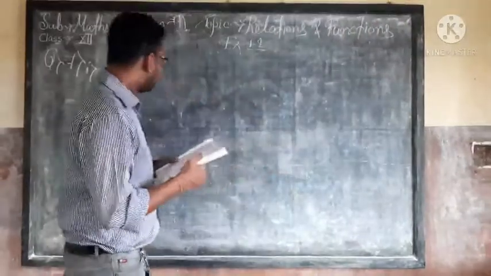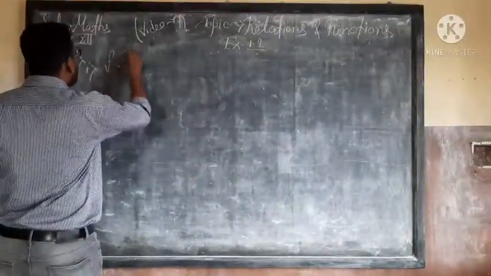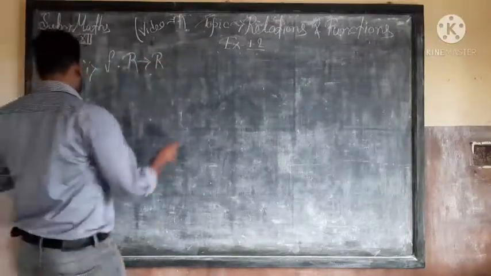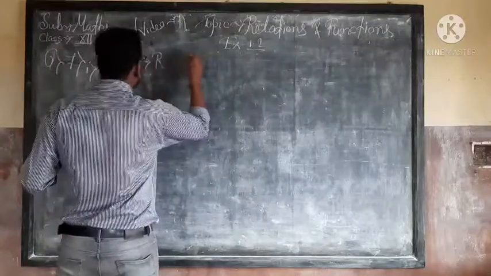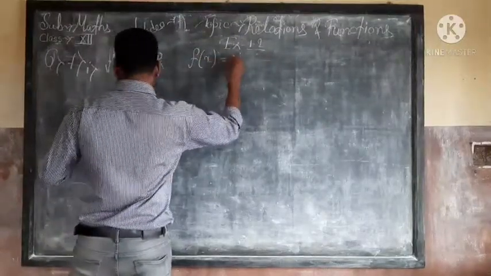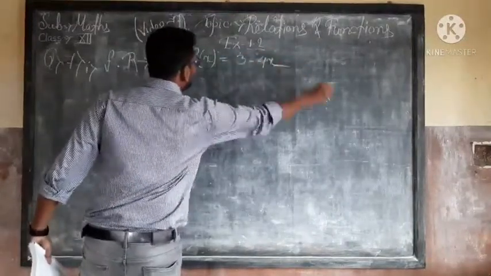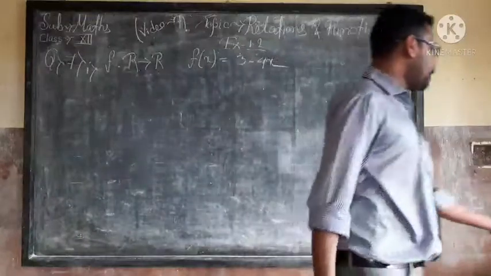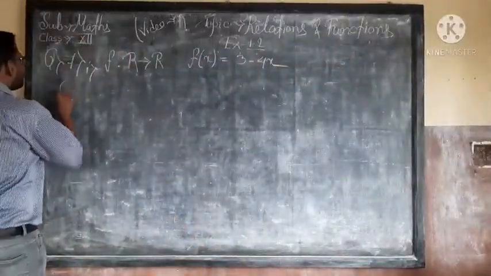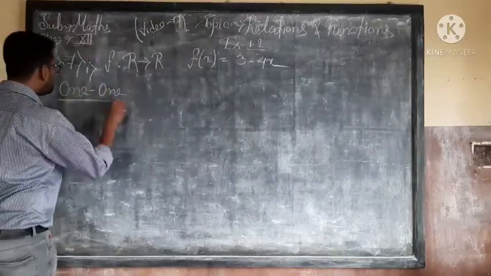Justify your answer. For the first one, f is a function from R to R, defined as f(x) equal to 3 minus 4x. So first try for one-one.